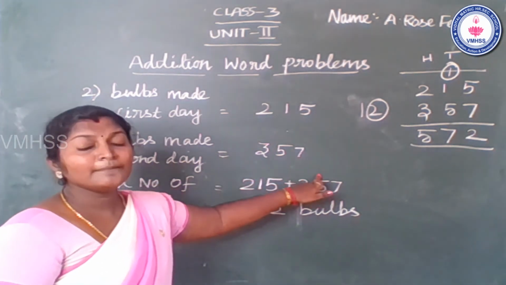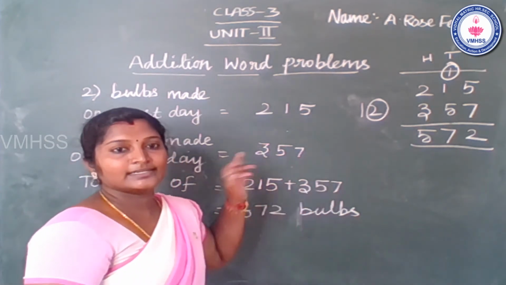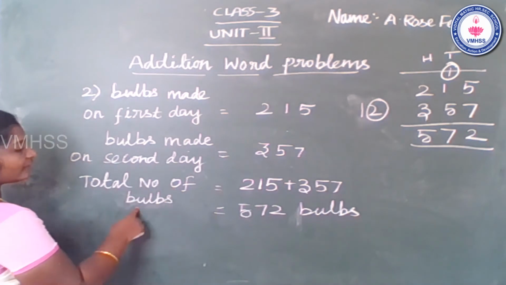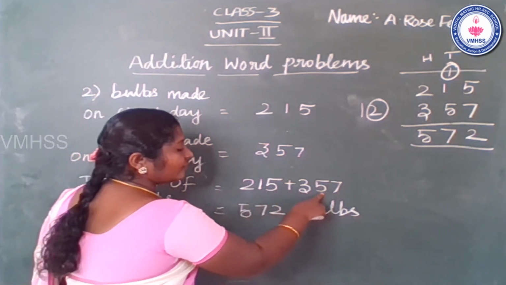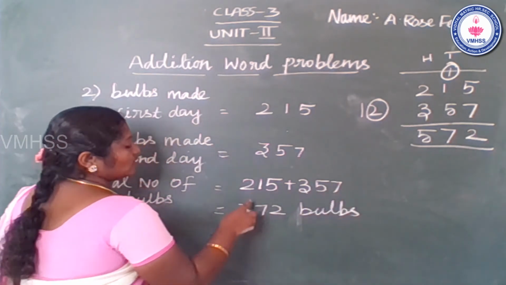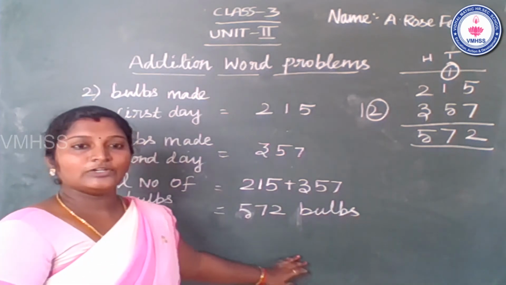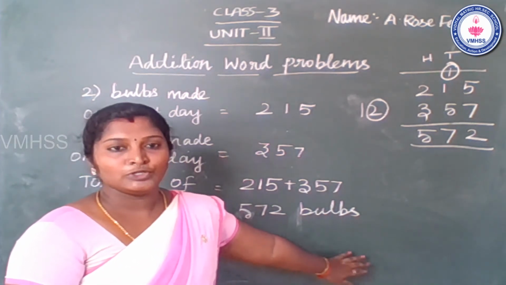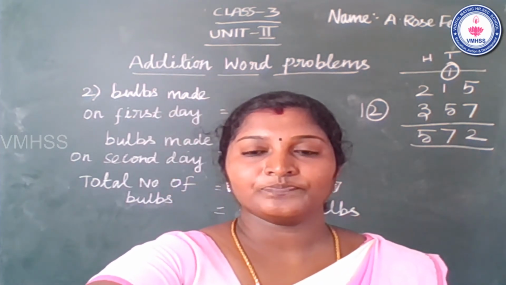So what is the question? How many bulbs did the factory make altogether? Okay, so total number of bulbs 215 plus 357. Okay, so now we get the answer 572 bulbs. Okay, students, do you understand this sum? Okay, shall I move to next slide?